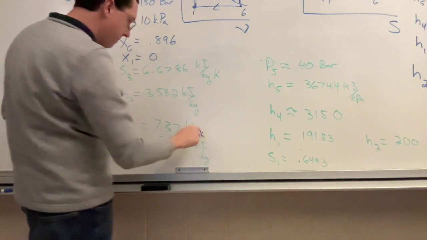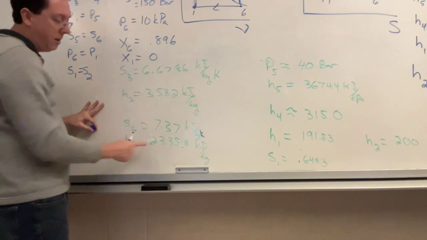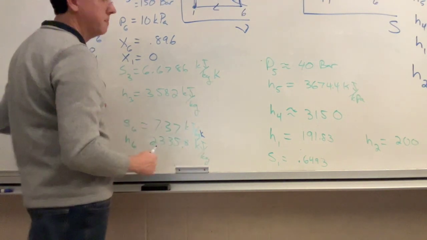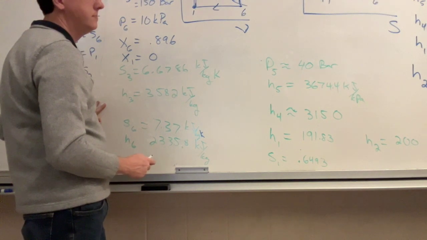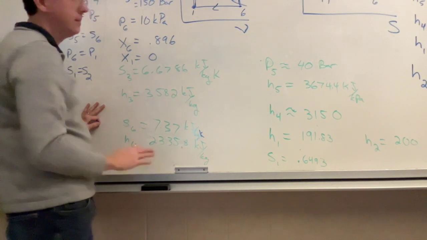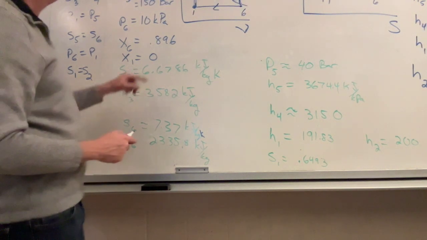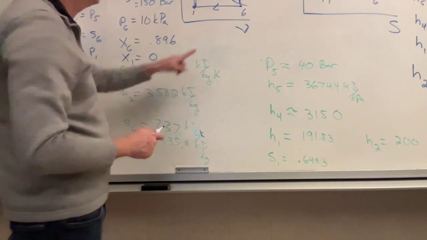Entropy should be per kilogram Kelvin. And an enthalpy of 2335.8 kilojoules per kilogram. So that gets you to state 6.